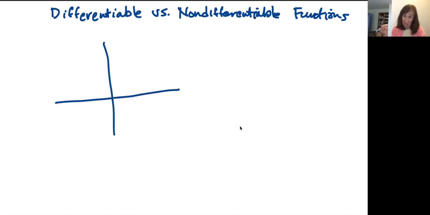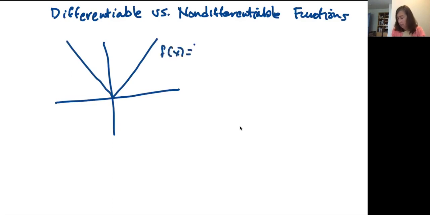The famous example of a function where that fails, and it fails at the place you're most interested in, is the absolute value function. So f of x equals the absolute value of x. When x is in the positive range, it's just the same as the 45-degree line. The y value is the same as the x value.